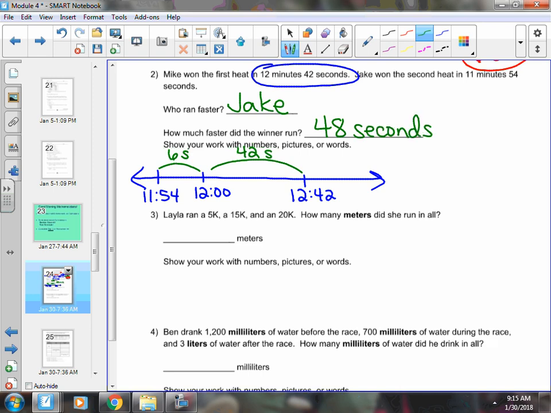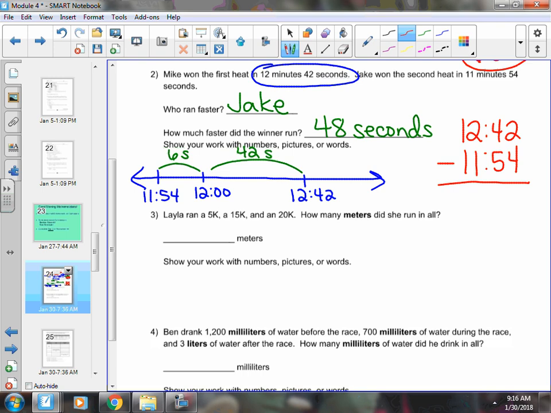I'm going to show this problem with a subtraction problem as well. Remember, you only have to show it in one way. I'm going to take the higher number, and subtract the lower number. And you cannot subtract like normal until you've regrouped with the number 60 in mind.